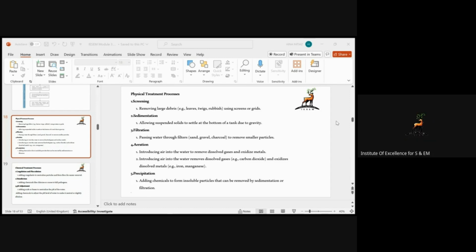Can I ask one question: which treatment stage is adopted when you are going to produce drinking water, when you are going to recover the maximum nutrients and release that water for drinking purposes?